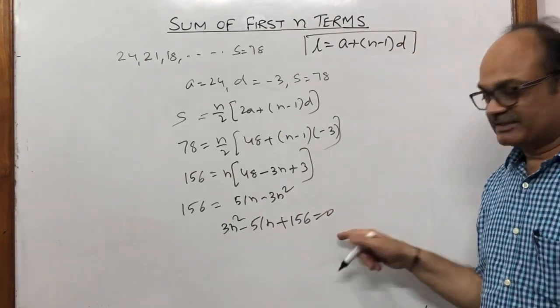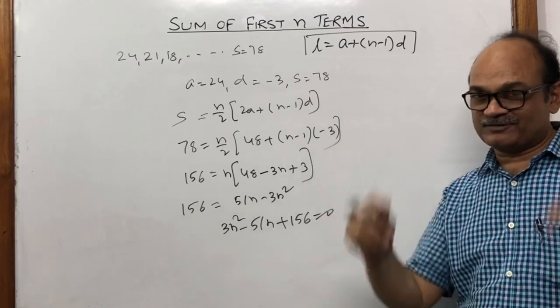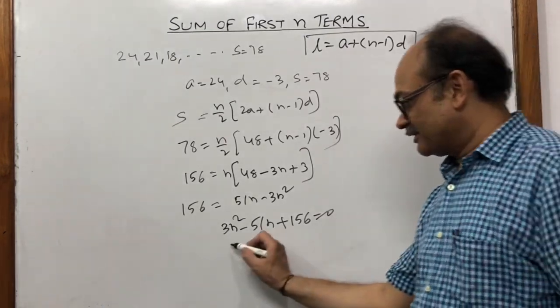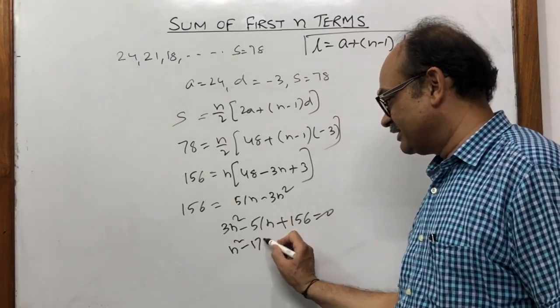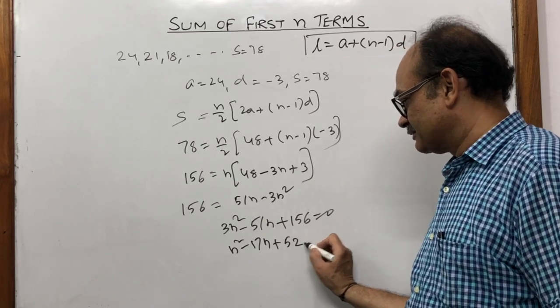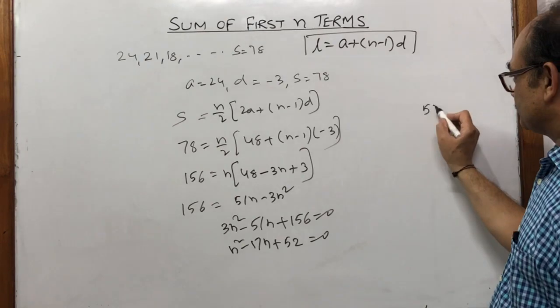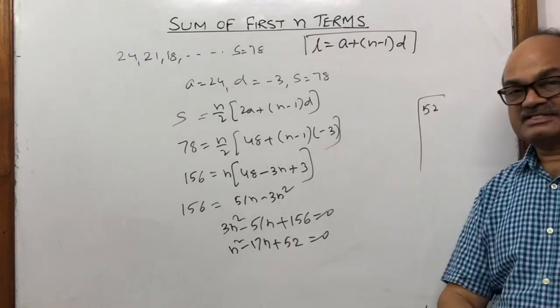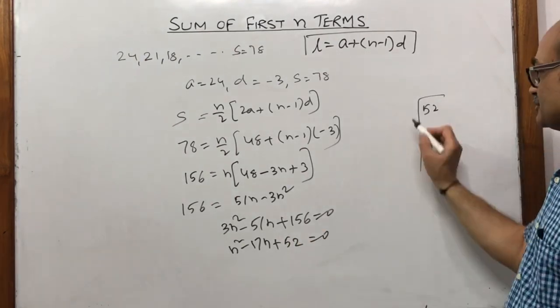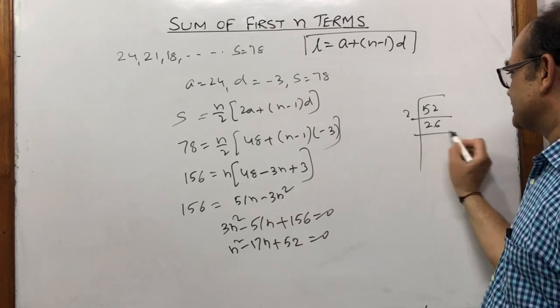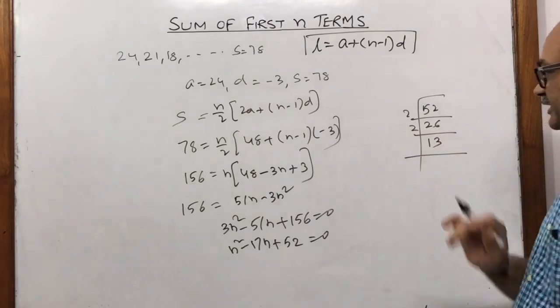It will cancel out with 3. Whatever number you can divide by, we have studied in quadratic. Cut it. So N square minus 17N plus 52 equals 0. Factorize 52 into factors such that we have 17 as the sum. Start with 2, 26, 2, 13.